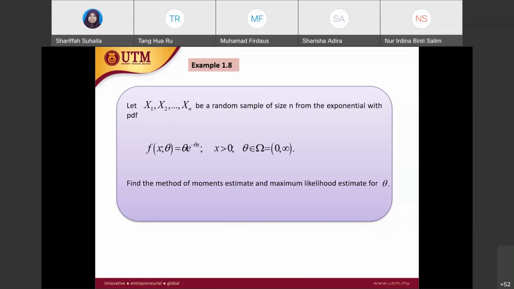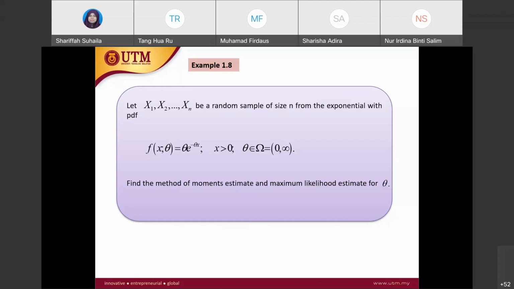Okay, so find the method of moment estimate and also maximum likelihood. Okay, katakan kita solve dulu guna MLE. We try MLE first. Okay, kita ada theta exponential negative theta x, x greater than 0. So if you have your MLE, start by writing your likelihood function.